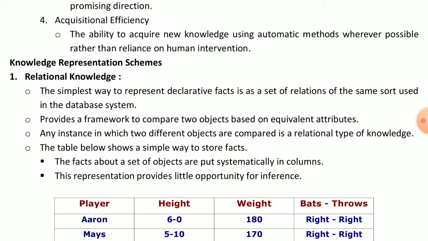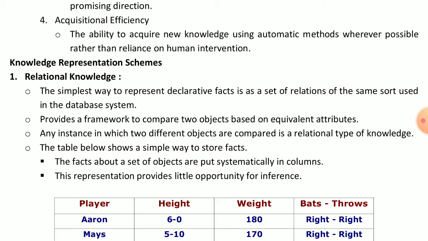In objects we can take college and students, and its attributes are student's name, phone number, address. Okay, and then we can find out the relation between different attributes.